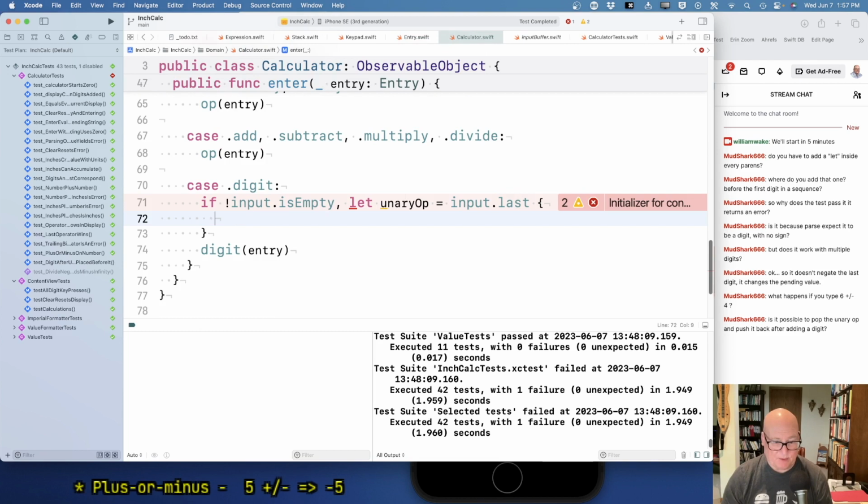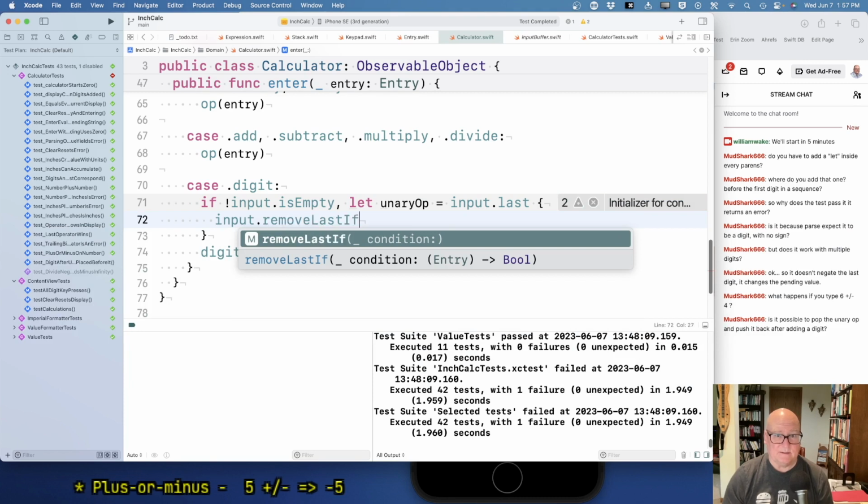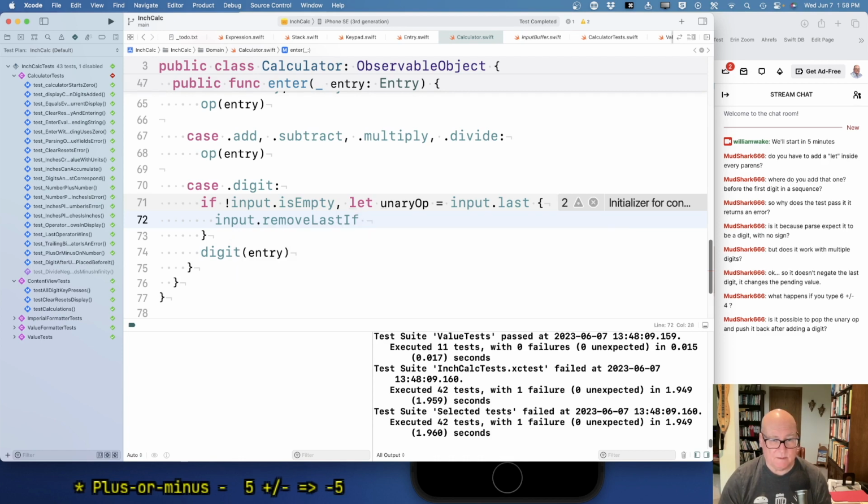All right, somehow unary op, we're going to say input dot remove last if, well, at this point I'm saying true. Do I have a last if?